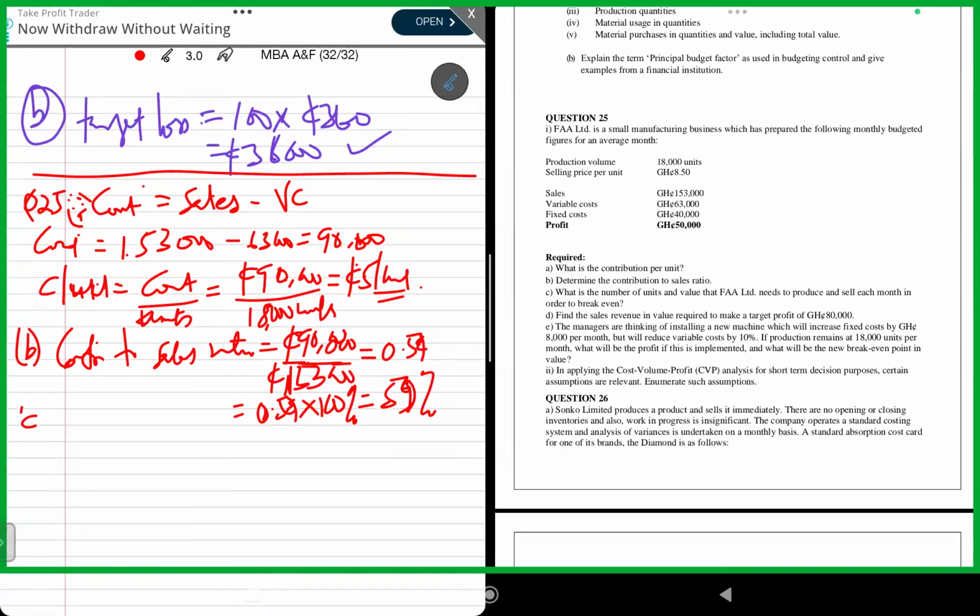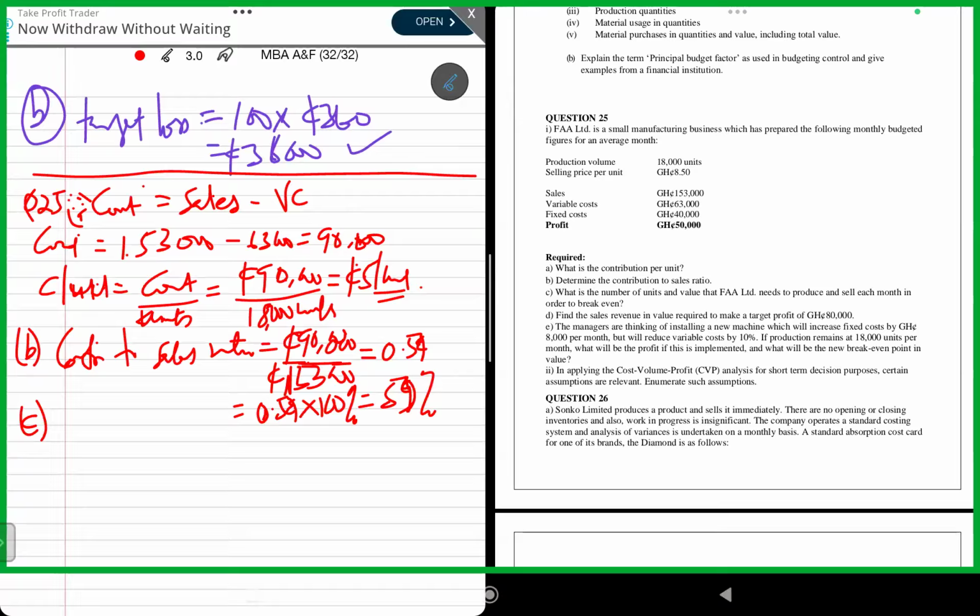Let's look at C. What is the number of units and value that the company needs to produce and sell each month in order to break even? So we are looking for the break-even point in units and in sales.